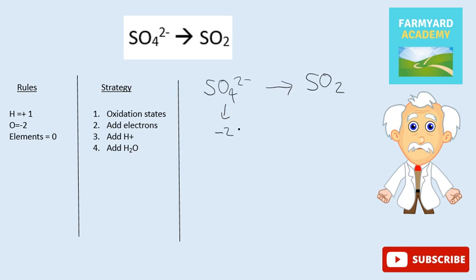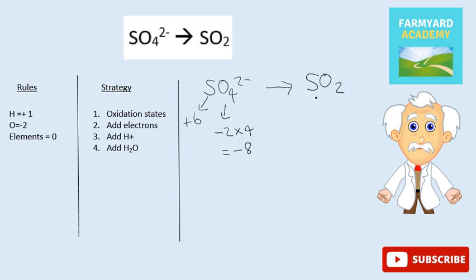Because we've got 4 oxygens, we have to multiply the -2 by 4, and that will give us -8. Now, because the sulfate ion has an overall charge of 2-, that -8 must be reduced in number terms to 2-. So in order to do that, the sulfur has to be +6, because +6 and -8 makes 2-.